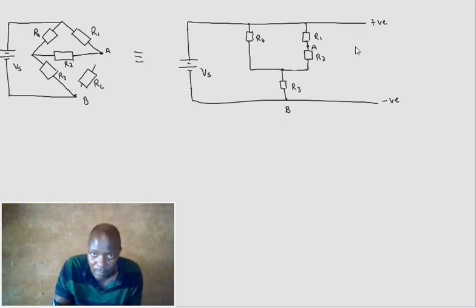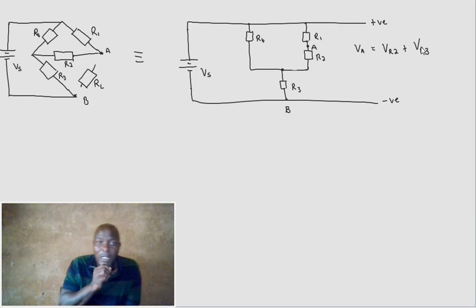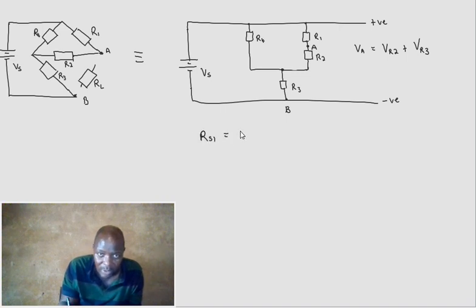So VA will be VR2 plus VR3. Need to be careful there. Now, where do you start? For me, it's easy to start with the series resistor. R series 1 would give us R1 and R2.